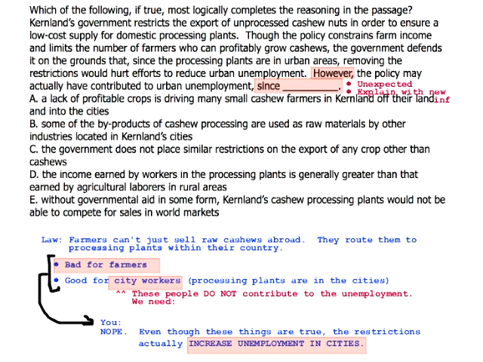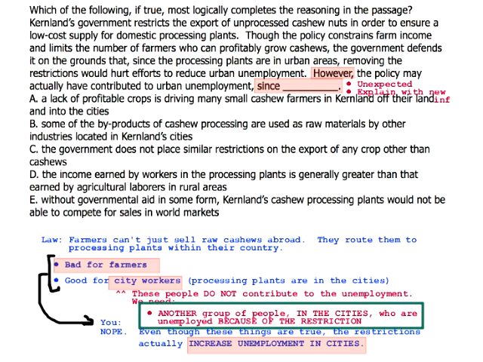We need another group of people who are in the city who are unemployed because of the restriction. So that's very specific. Again, like I said before, pretty much 90% of your work is done by the time you even touch the answer choices. We need another group of unemployed in the city.